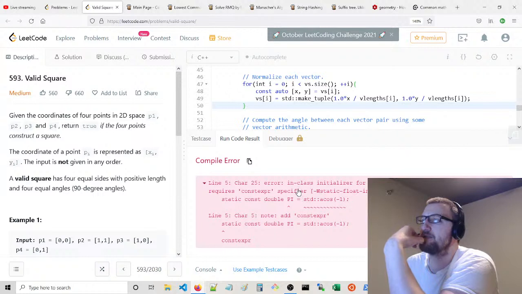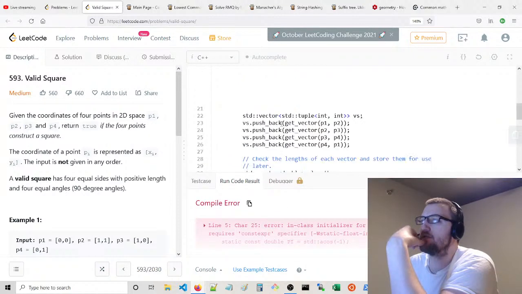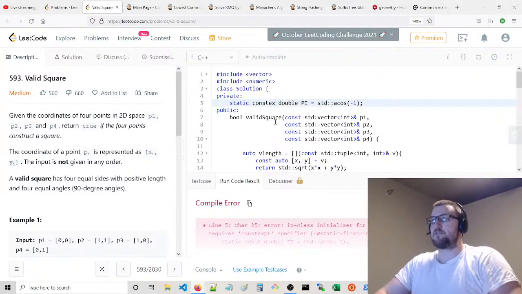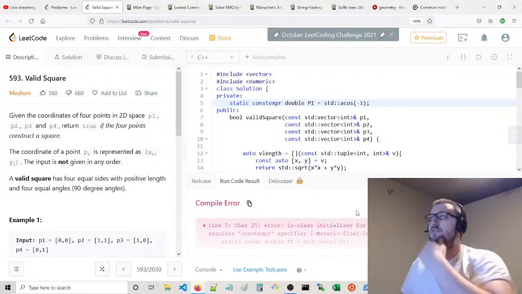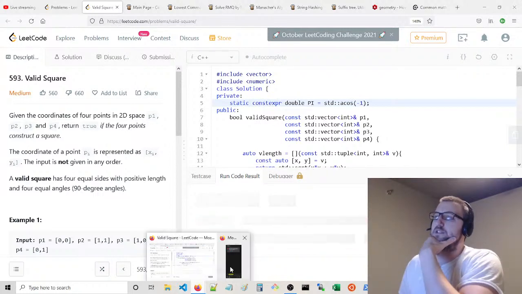It requires a constexpr specifier. It's an error, huh? Okay. It's constexpr, not a constant.